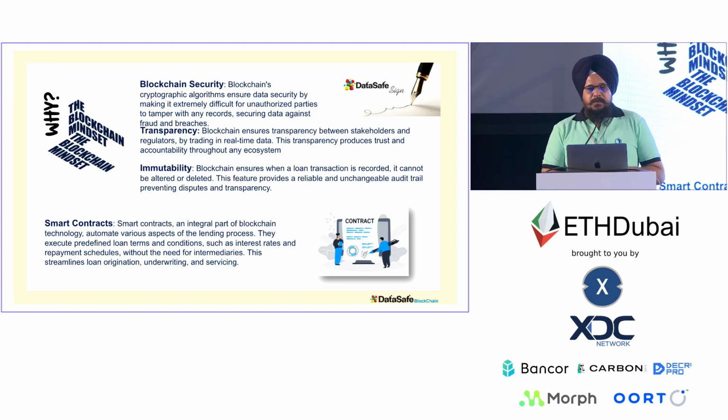Our major USP is blockchain. The blockchain is helping us to provide cyber security to all the smart contracts. The verification of contracts is done through our own data safe blockchain.